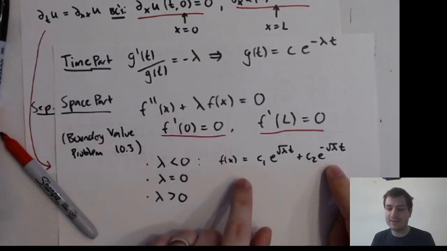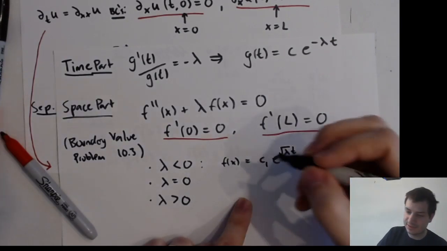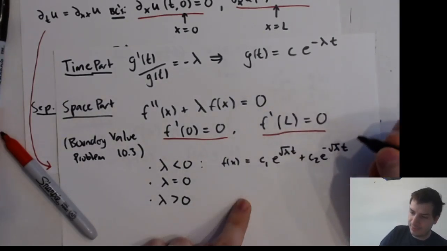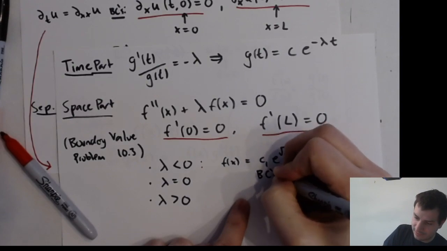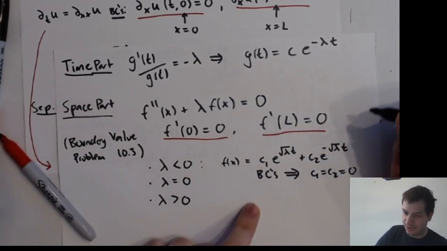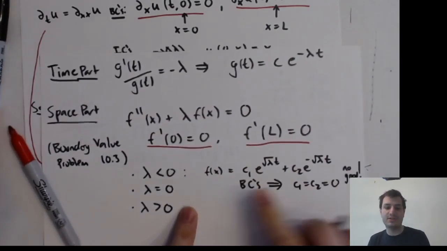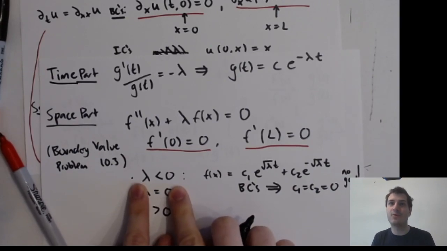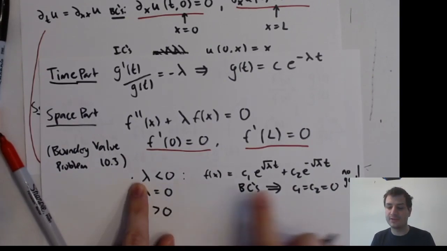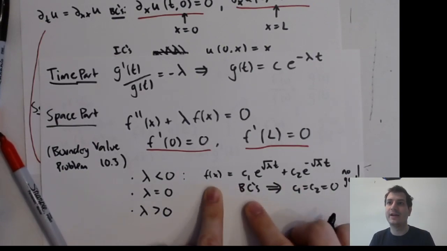If you plug in these things, you'll get that the boundary conditions imply C1 equals C2 equals 0. So no good. There are no solutions when lambda is less than 0 except the trivial solution, meaning the function f of x equals 0 everywhere, and that's no good.